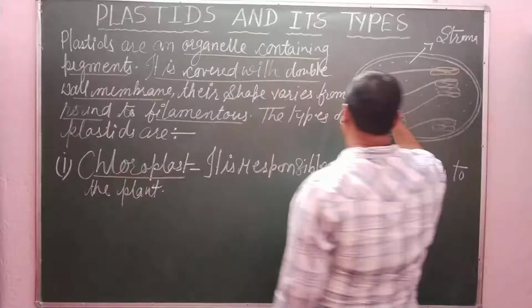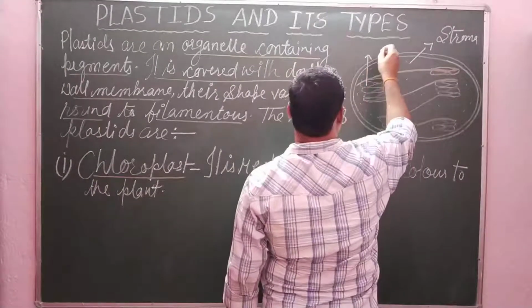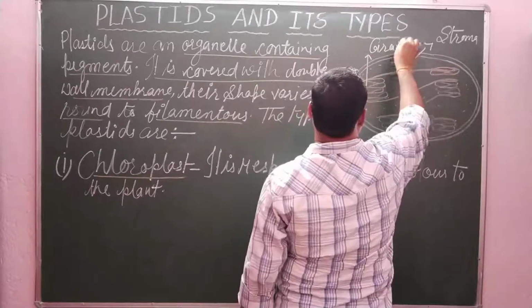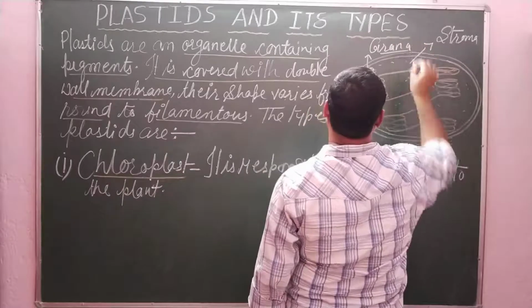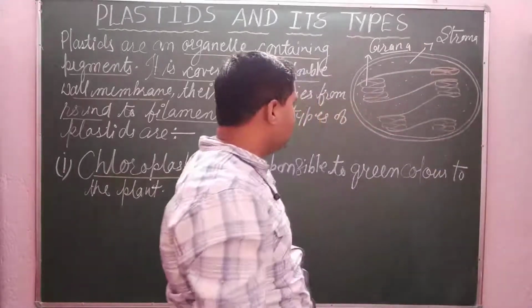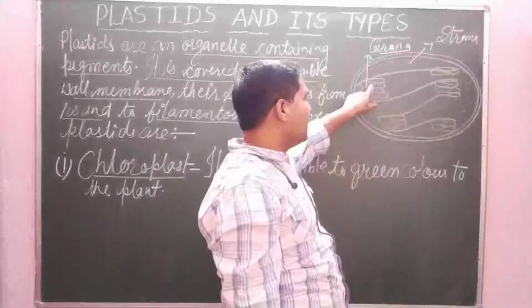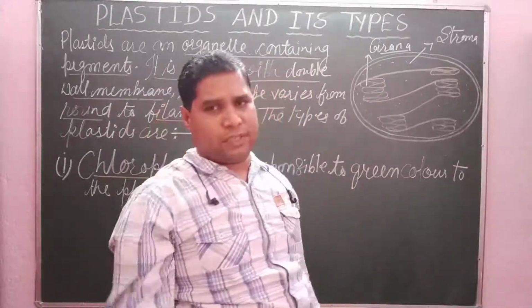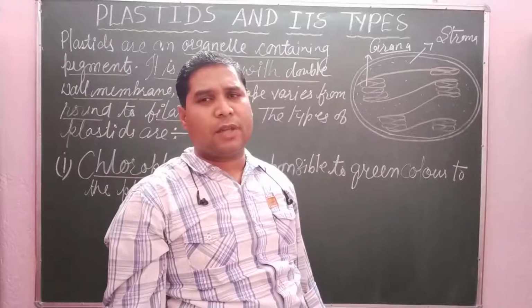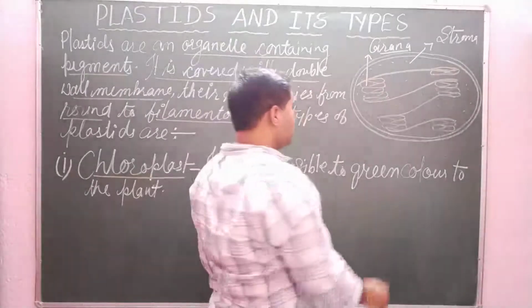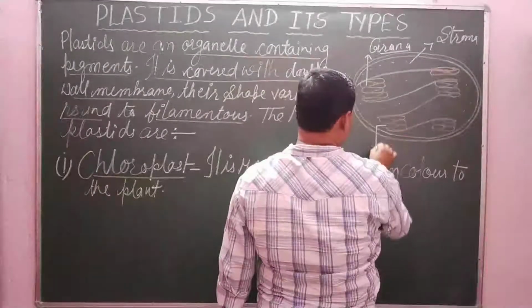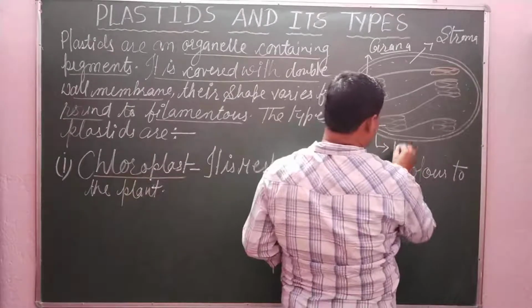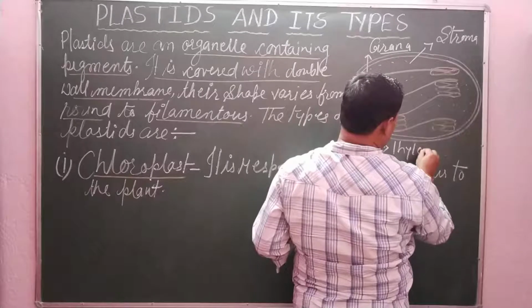This piled structure is known as grana. Each unit of the grana is known as a thylakoid.